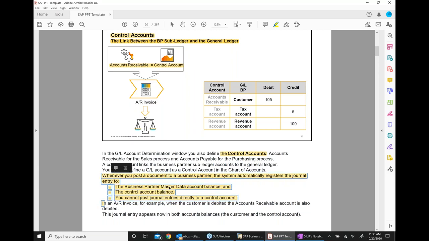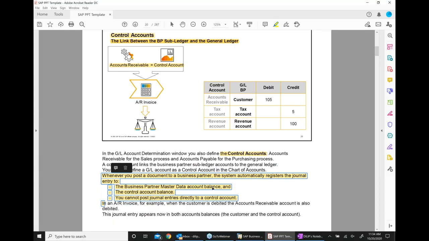It's an interesting concept. Now, what does this concept tell me? When you post a document to a business partner, for example, you're posting a customer invoice, what does the system do? The business partner master data account balance goes up. Remember, we talked about account balance. Account balance basically means, for this customer, what is the balance? You could have many customers, and every customer has a balance.